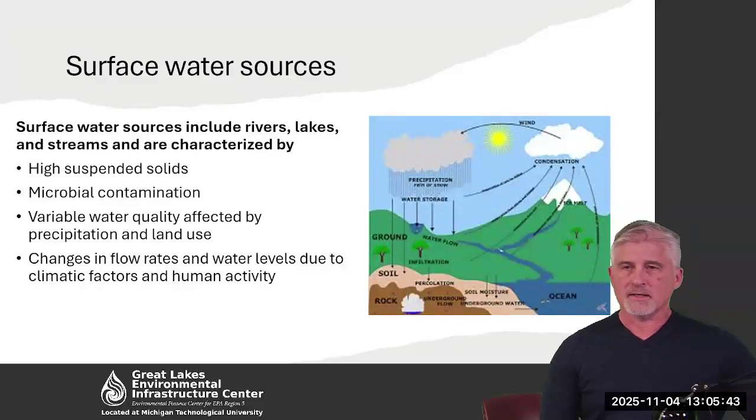The water quality is going to vary quite a bit. It can vary between sources, and in the actual source itself, based off of things like rainfall and how we're using the land around the surface water body. And then it's subject to extreme changes in flow rates and water levels.